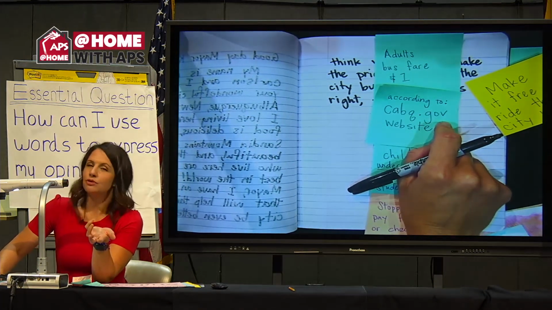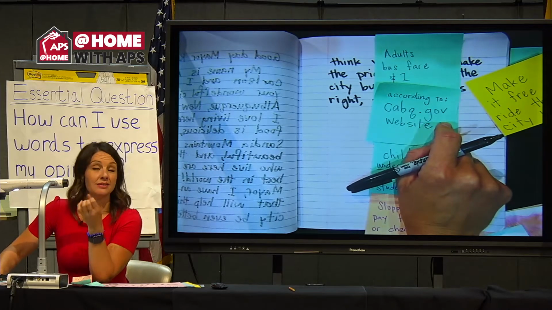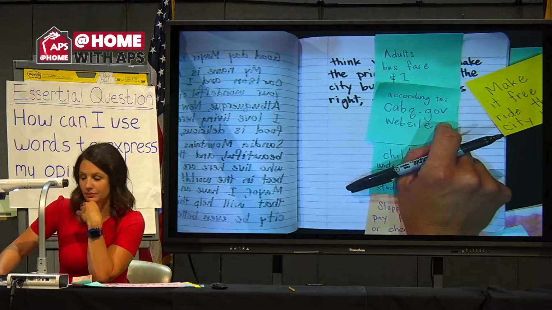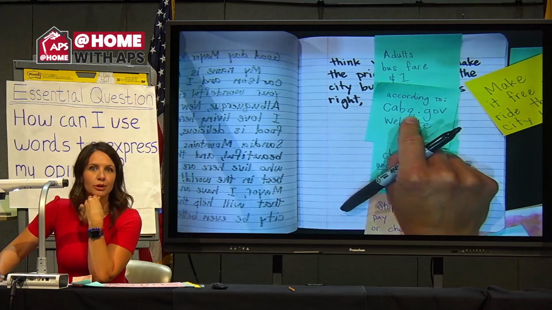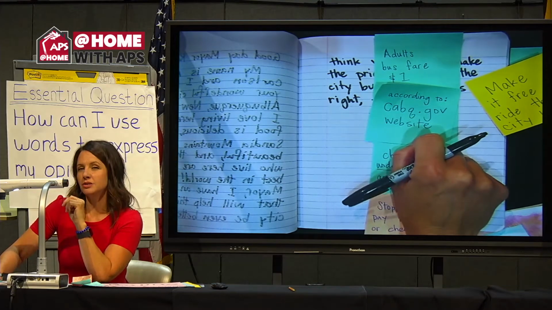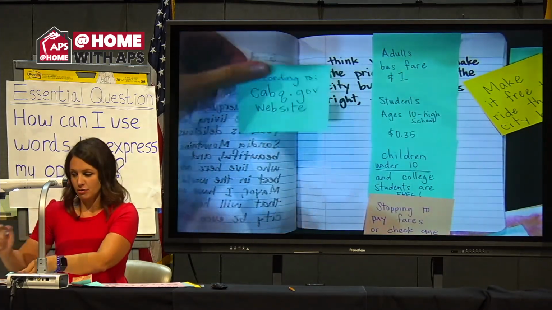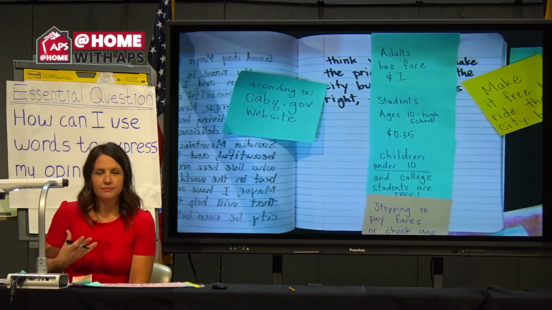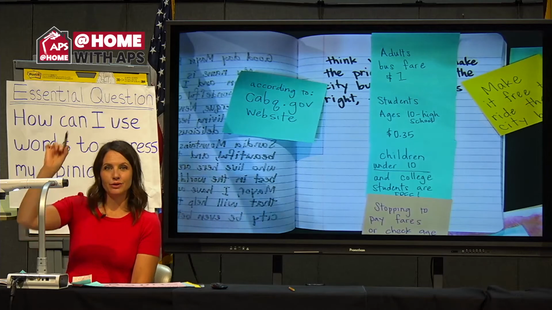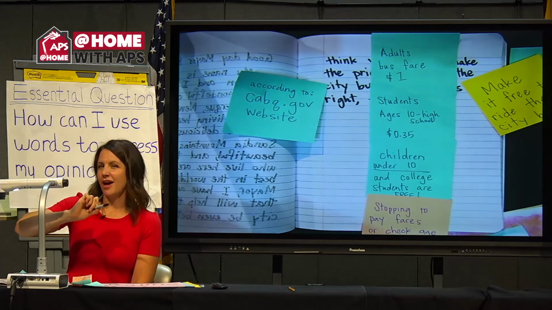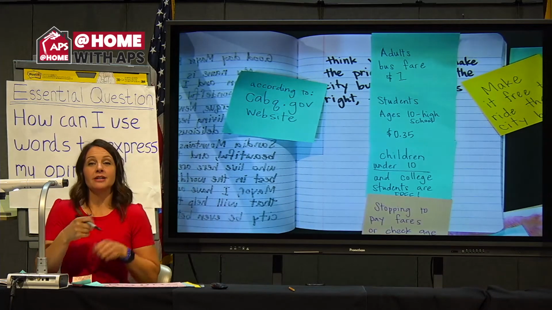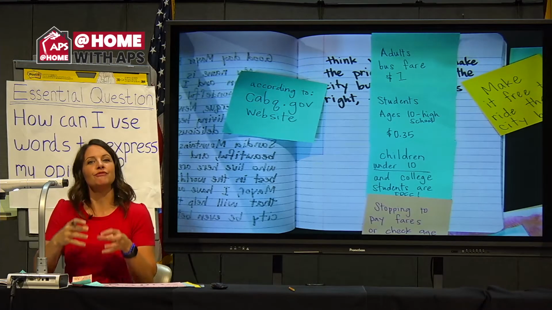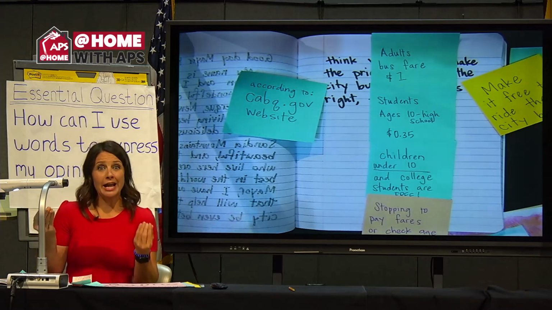Your city, if you don't live in Albuquerque, has a city website as well. This is cityofalbuquerque.gov. I went on this website and I found that there are different fares, not like a county fair, that's F-A-I-R. Fare is the price. There are different fares for different ages.